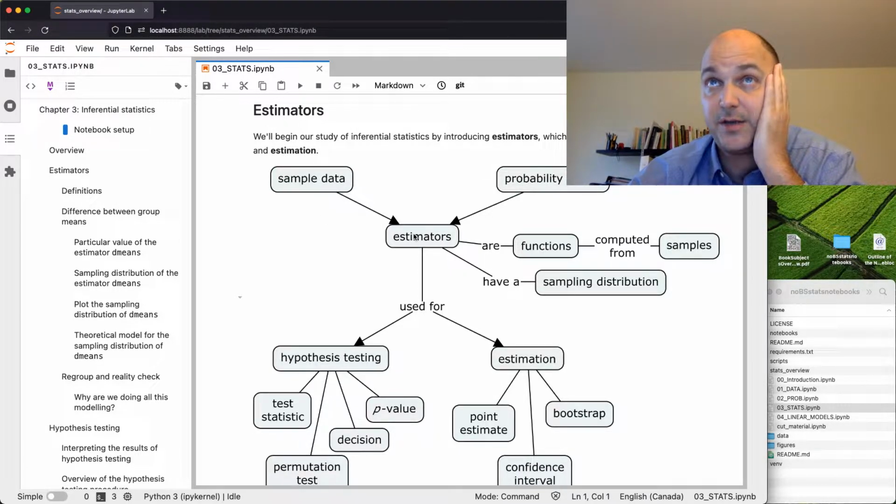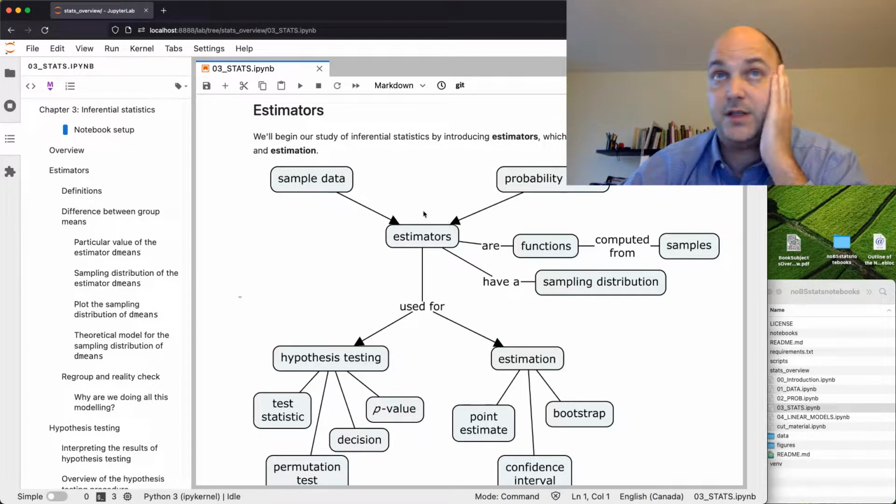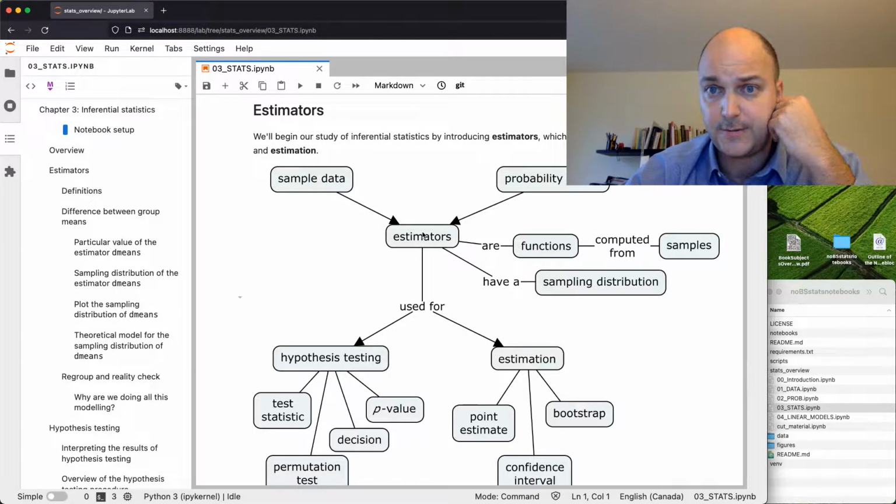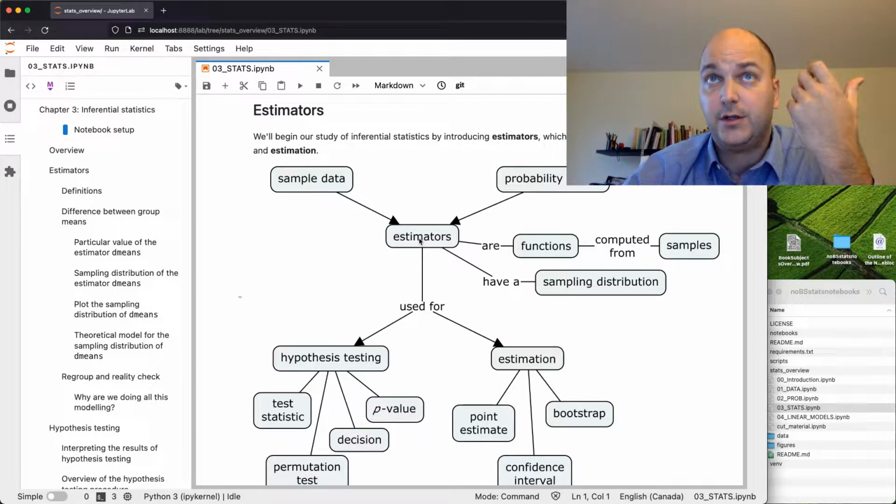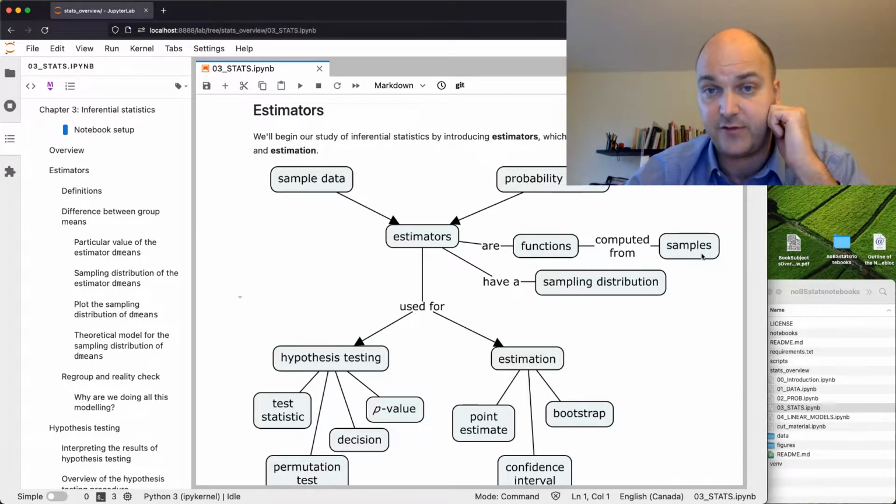Okay, so an estimator is a function computed from data, from a sample. And when you think about it, it's an application of probability theory, just to know what is the variability of this estimator. When you compute it on a particular sample, you have a number, a value.